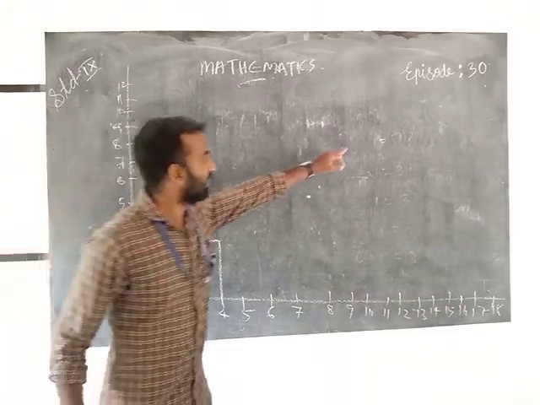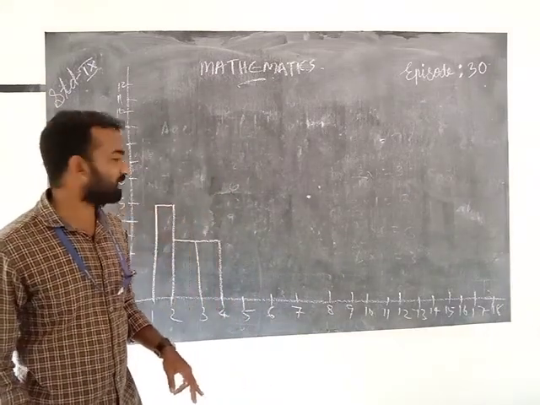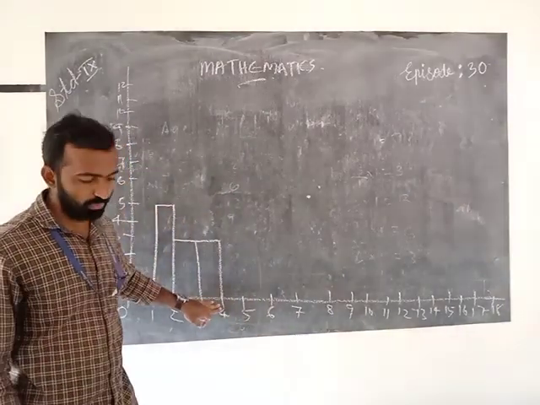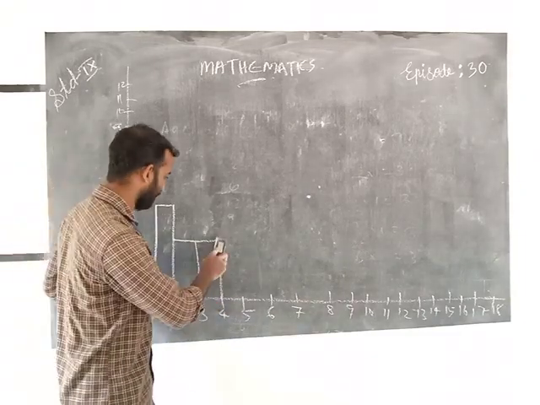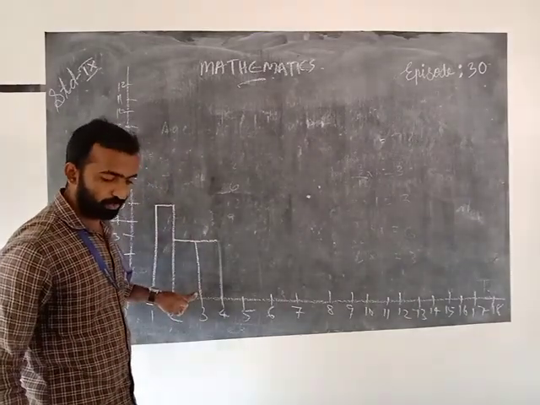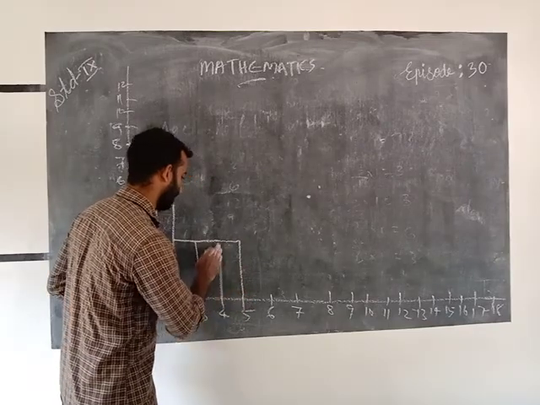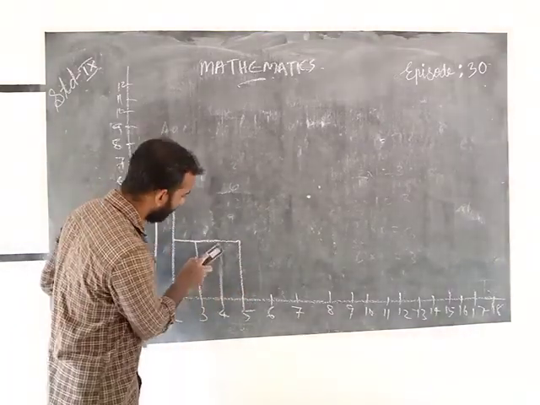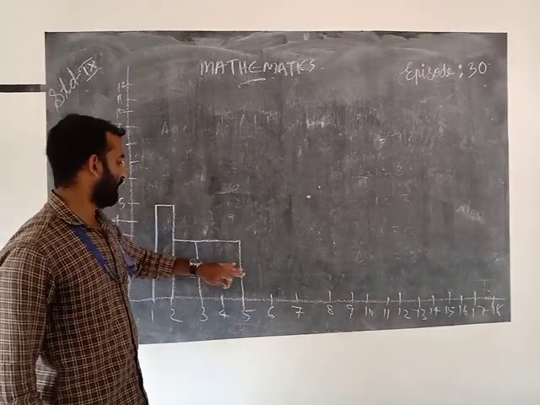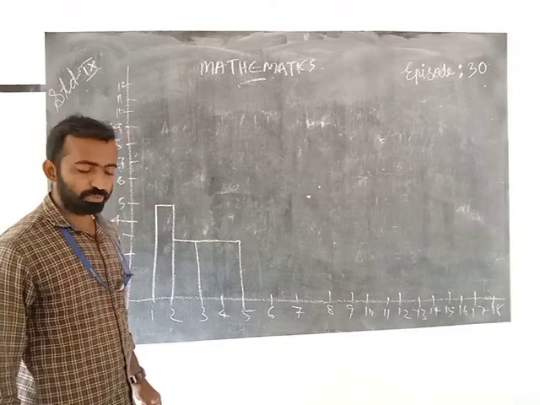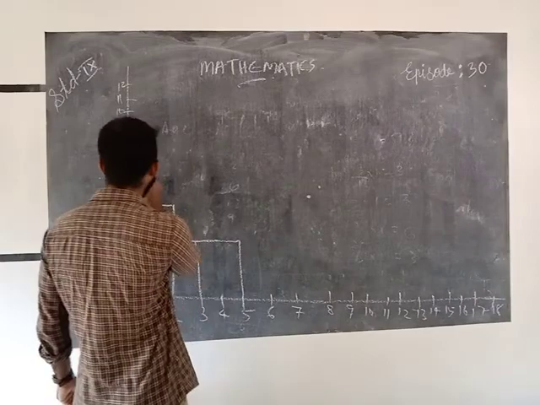That is the modified value. And next is 5 to 7. 5 to 7 is 6.